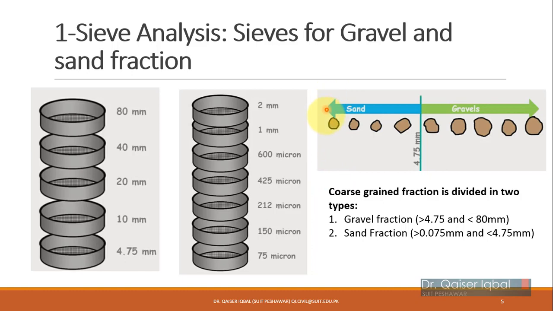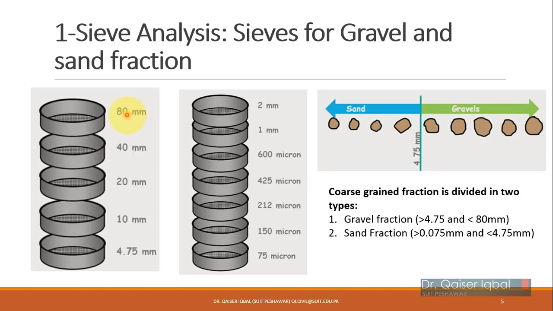The particle size between 0.075 millimeter and 4.75 millimeter will be known as sand, and for that we will use the sieve set for the sand fraction. And the particle size above 4.75 mm but less than 80 mm, for that we will use the sieve set for the gravel portion.